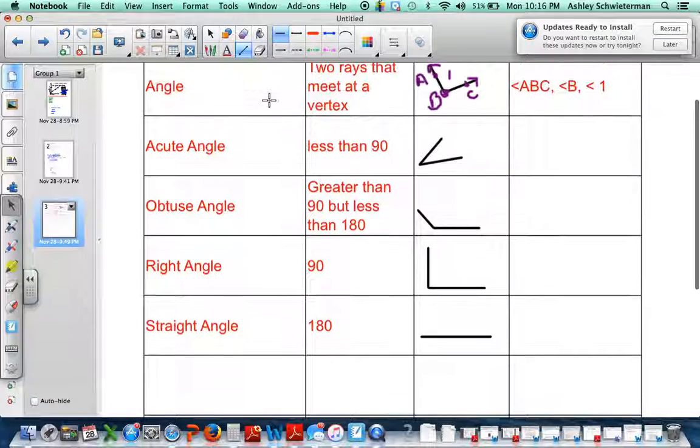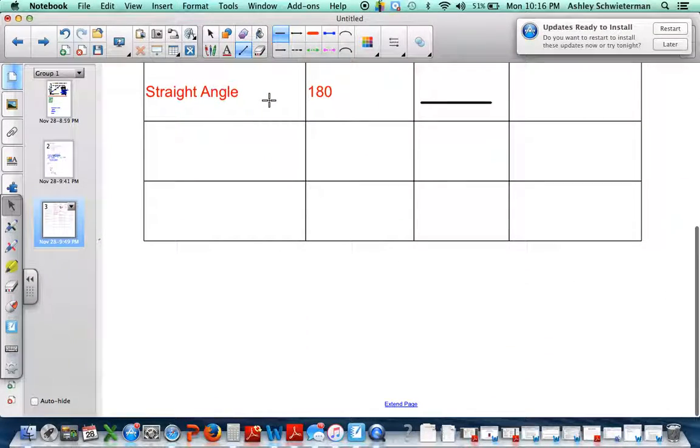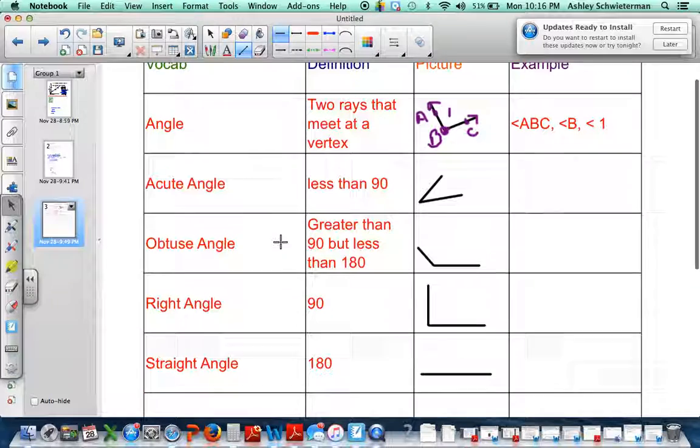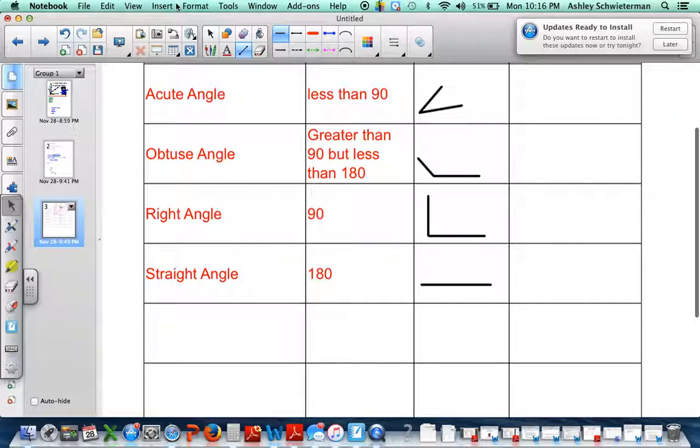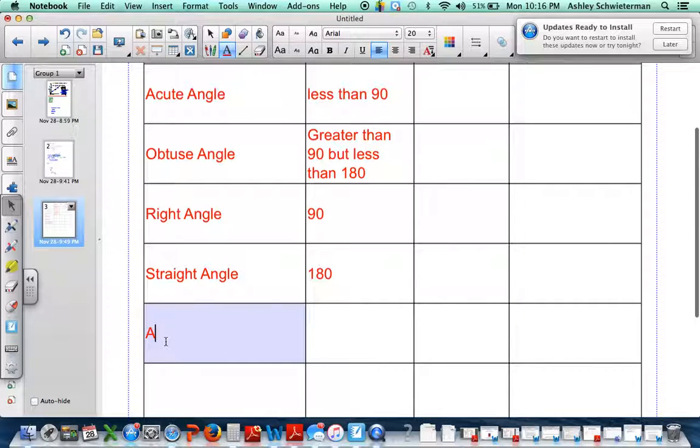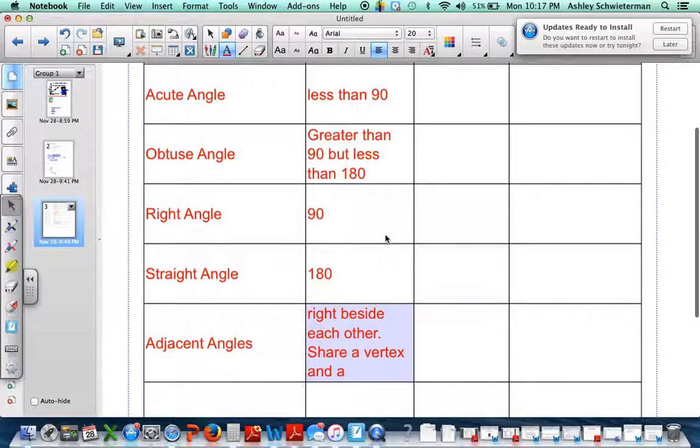Alright, then there are other angle pairs, and these include what's called adjacent angles. And these are just angles that are right beside each other. They share a vertex and a side.